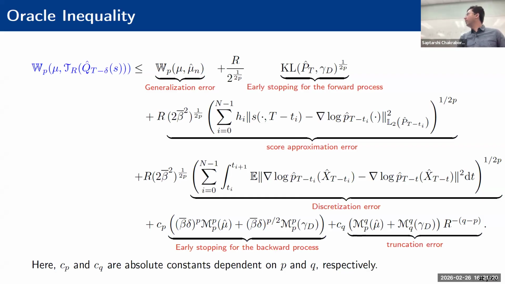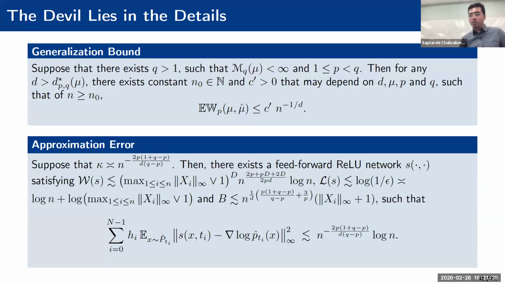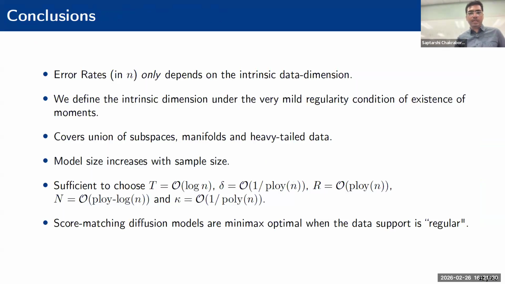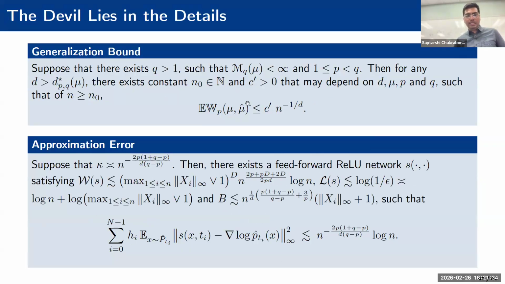And we control all of these quite nicely. So you have all these knobs to tune, and ultimately you can get the bound that you want to observe. So in these two slides, you can get good bounds on all these errors, and of course the devil lies in the details.